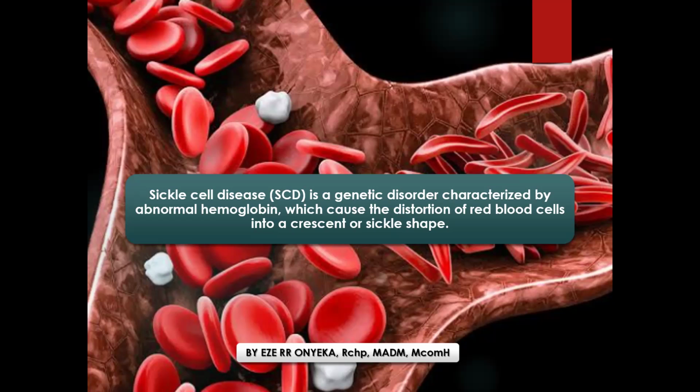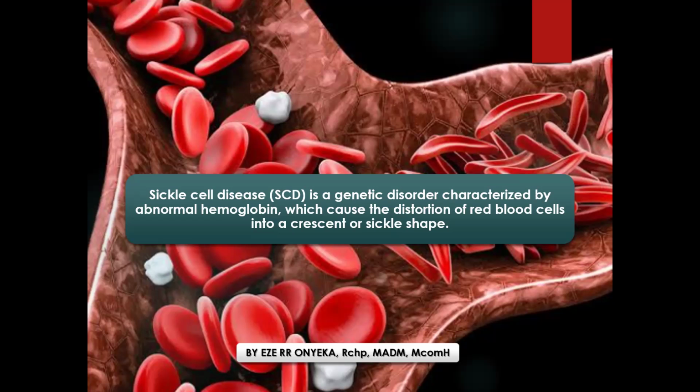Why do we need to understand this? The reason is that after 6 months of age, when you give birth to a baby, remember the baby's hemoglobin has two alpha and two gamma chains, but an adult has two alpha and two beta, so they are different.